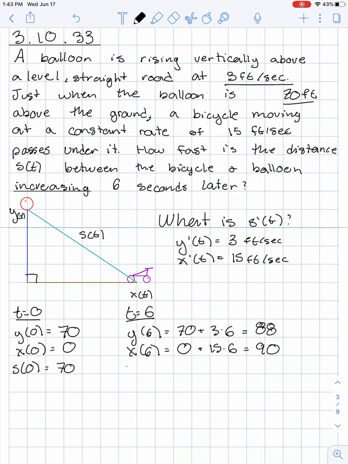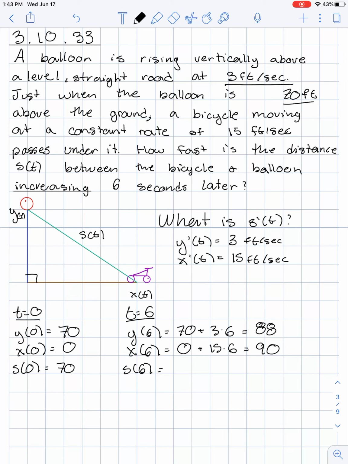And then S of 6, how do we find that? Yes, the Pythagorean theorem. Couldn't find my phone to do this math.